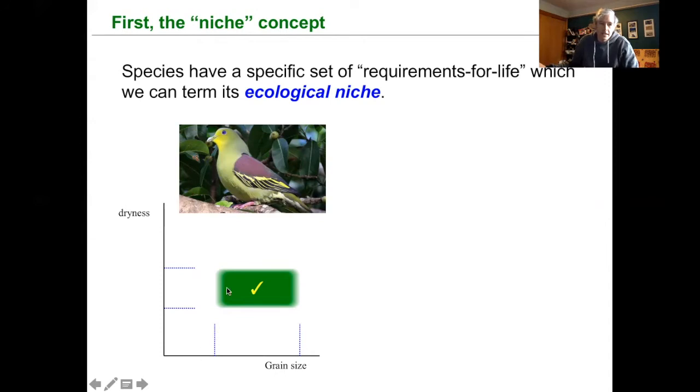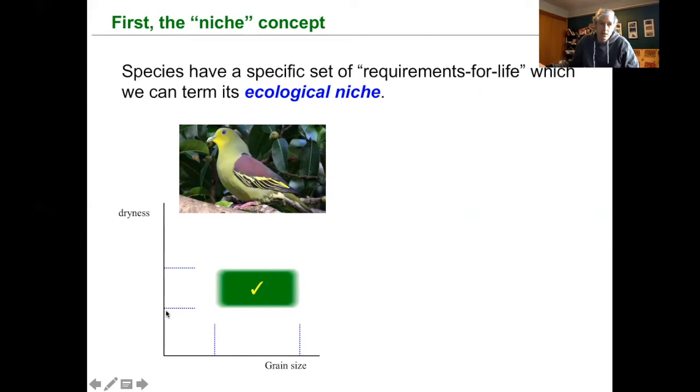The green area represents the points at which this dove can exist. The dove can exist in areas that have grain size not smaller than this and not bigger than this. So this is the range of grain that this particular dove can consume. When we look at humidity, it can't cope with something incredibly humid, and it can't cope with something incredibly dry.